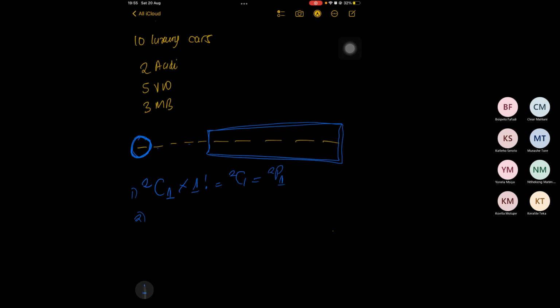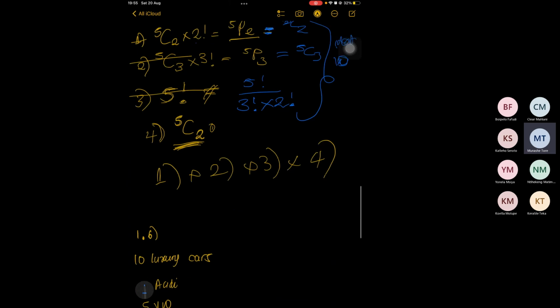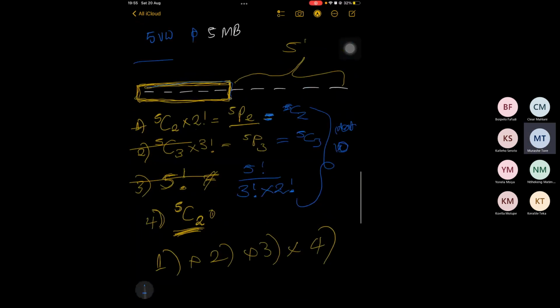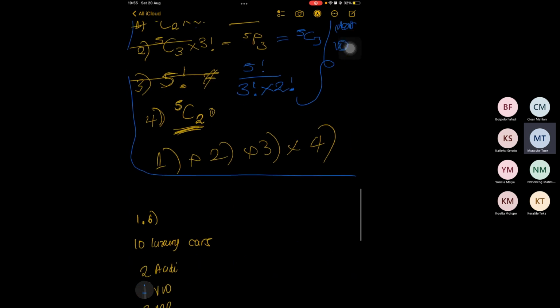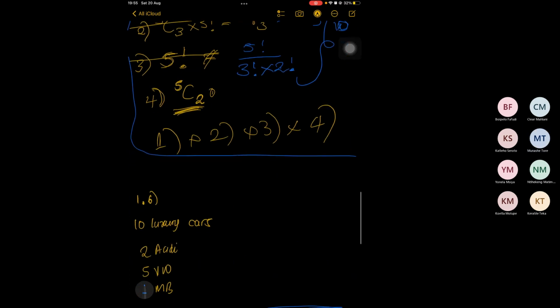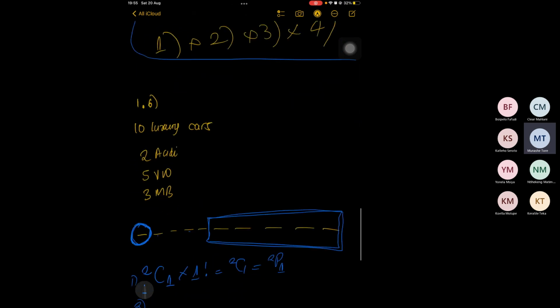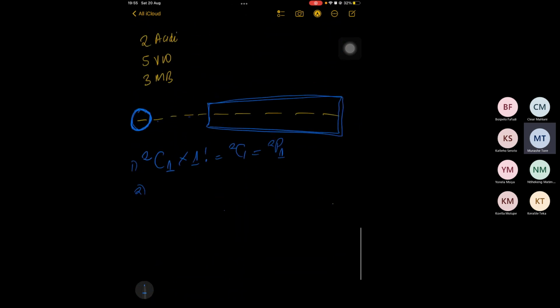Operation number 2 is saying from the last 5, we want to choose the 2 spaces to be filled, which is similar to what we did for the previous question. We want to choose the 2 spots out of the 5 at the end. So it's going to be 5 choose 2 only.